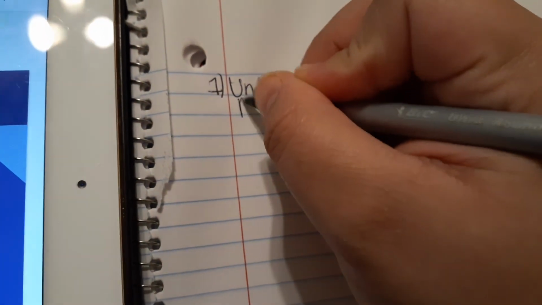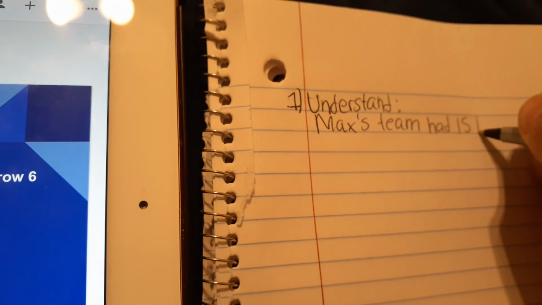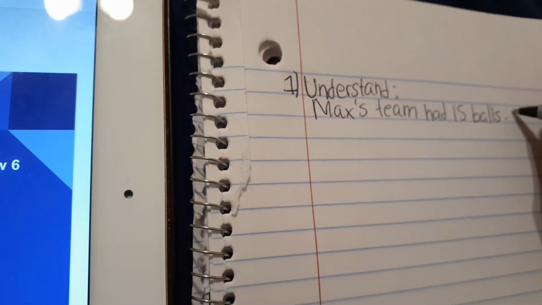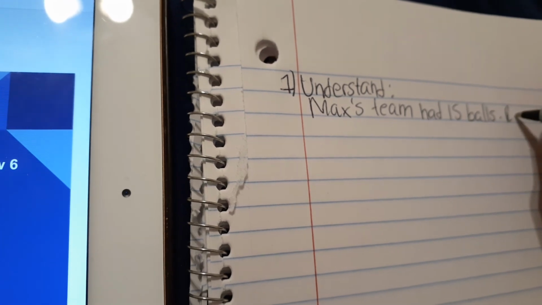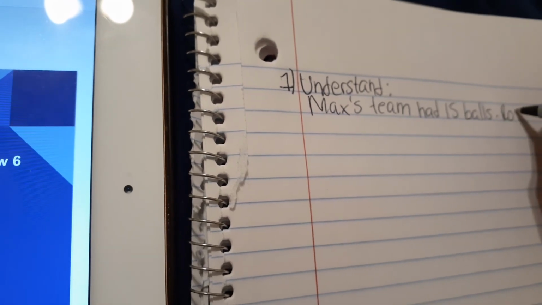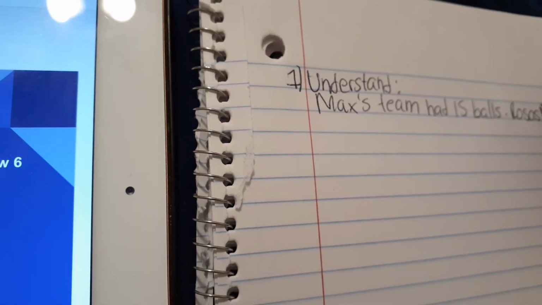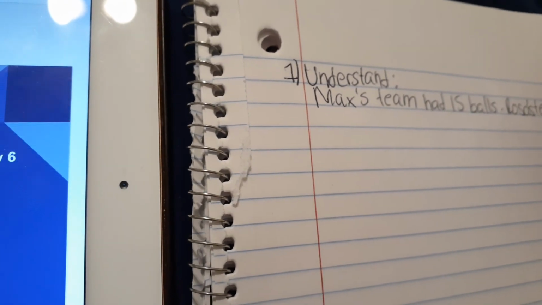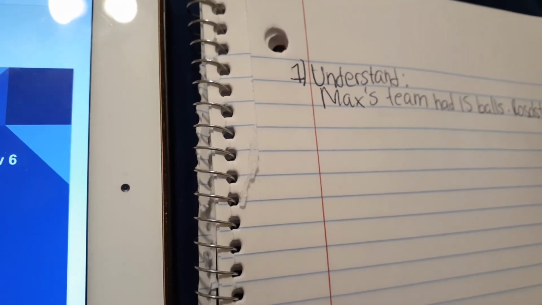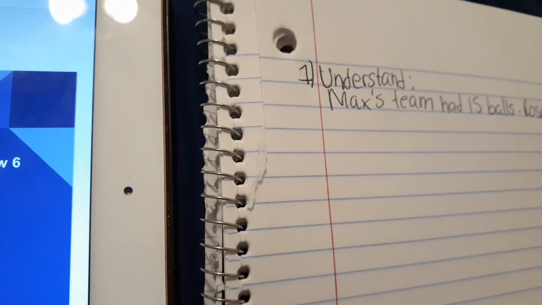So I'm going to say Max's team had 15 balls. Rose's team borrowed 6.